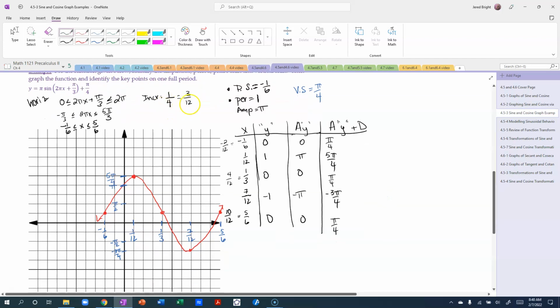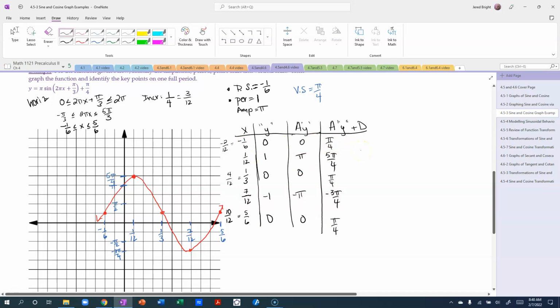So with the increments known, then I can get my table of values. Here are my 5 key points, their initial y values, and then I went through and scaled them appropriately. Scaled and shifted. Okay, got the final points.